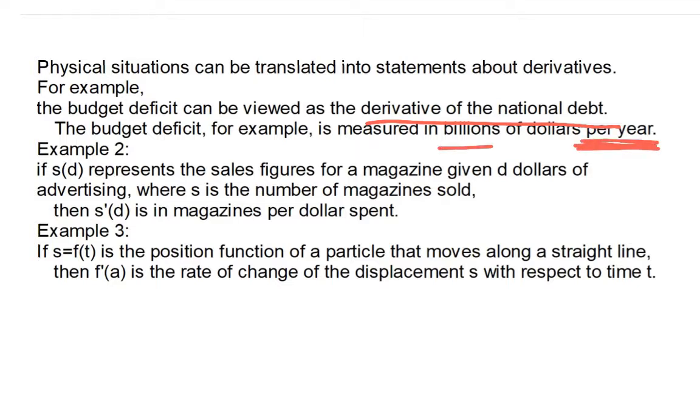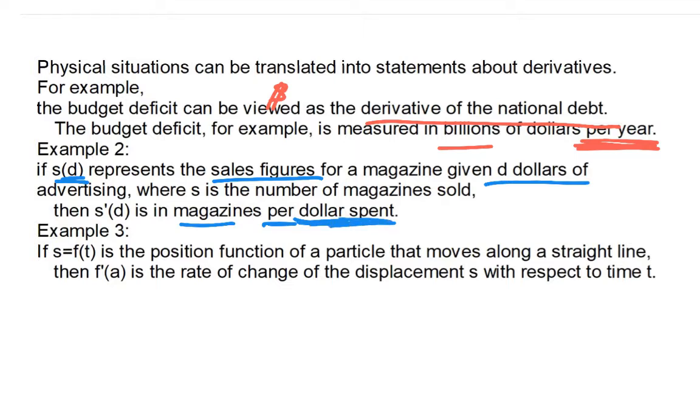The deficit is calculated every year. And another example, S of D represents the sales figures for a magazine given D dollars of advertising. S is the number of magazines sold, and the derivative is the magazines sold per dollar spent.